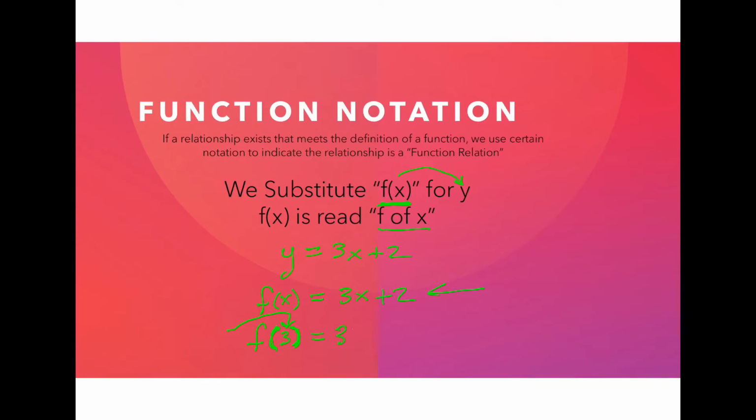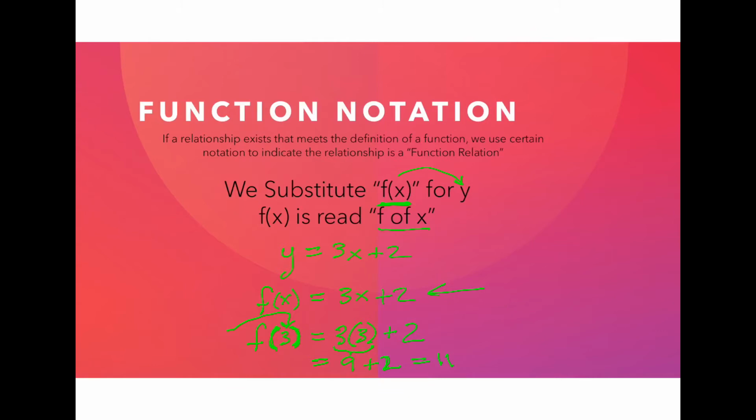And so over here we would substitute out the x, which was representing our input, and we would evaluate this using the correct order of operations, which of course multiplication comes first, so that becomes 9 plus 2, which added together is 11.